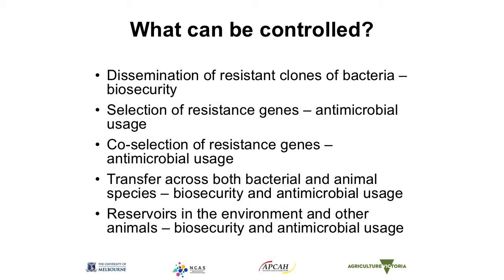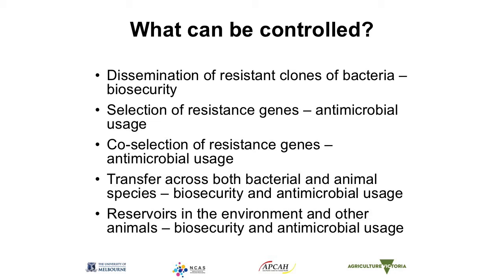So what can be controlled? We can control dissemination of resistant clones of bacteria by implementing adequate levels of biosecurity on our domestic animals. We can control selection of resistance genes by controlling our antimicrobial usage and restricting it to just those times when it is absolutely necessary. We can control our co-selection of resistance genes, again by controlling antimicrobial usage.